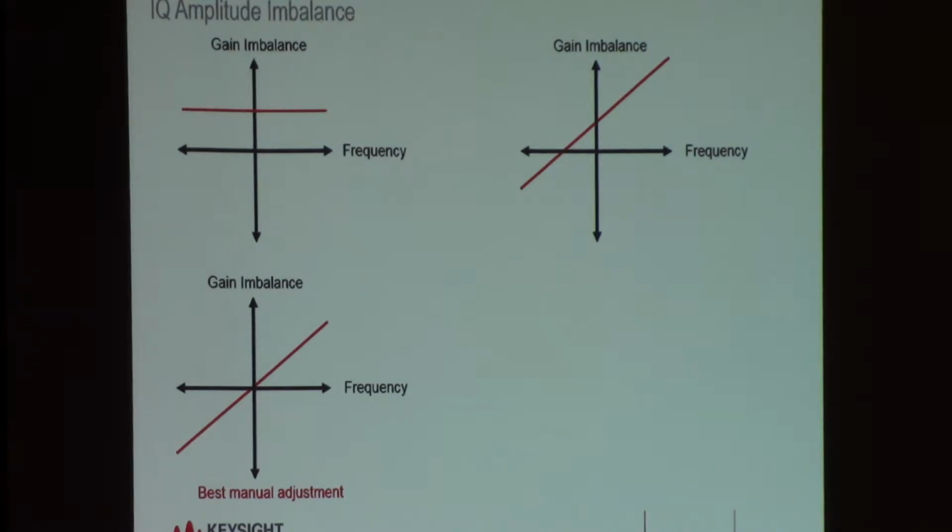So that's maybe better, but it's not perfect. And you could even imagine the situation's worse than that. Maybe it actually has some ripple to it, so it's not just a constant error versus frequency.